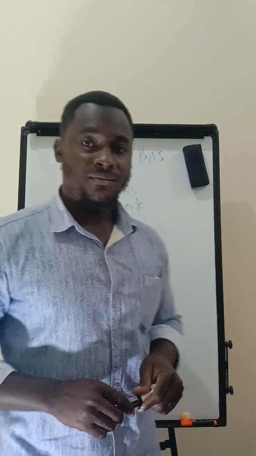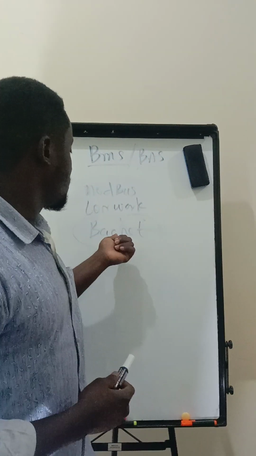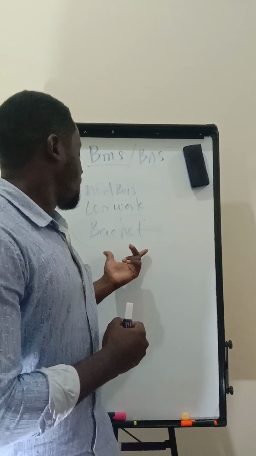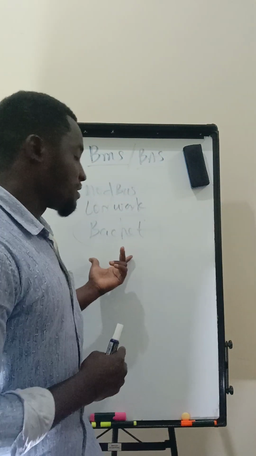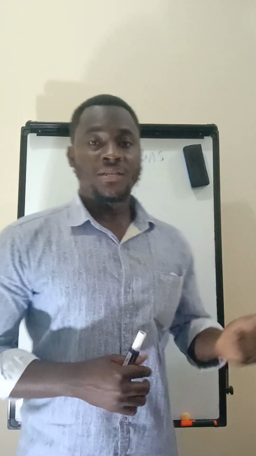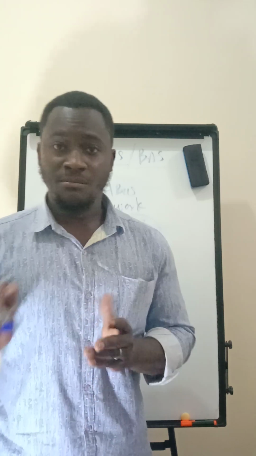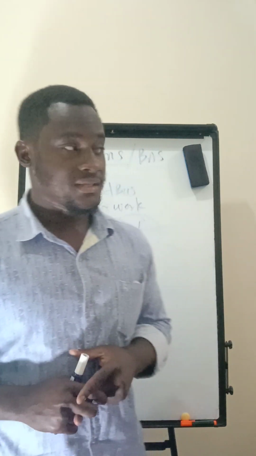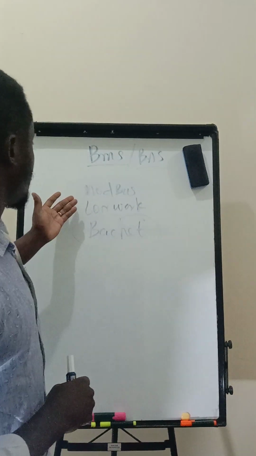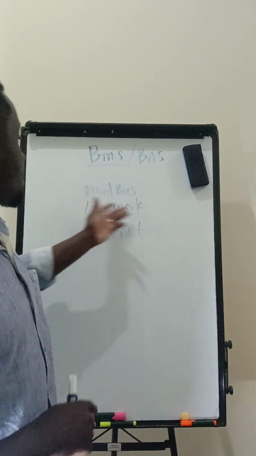BACnet is the Building Automation and Control network. It was founded by ASHRAE, a group of engineers in America. It is used to integrate all the different MEP services in the building, mechanical, electrical, and plumbing services. We have these other tools as well, which are also used, Modbus and LonWorks.